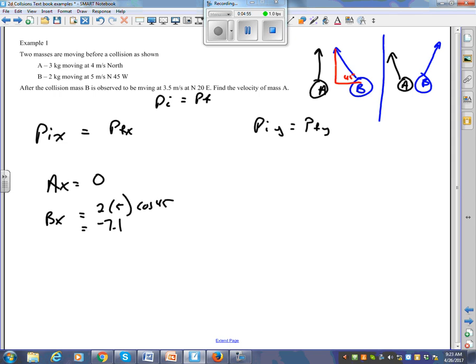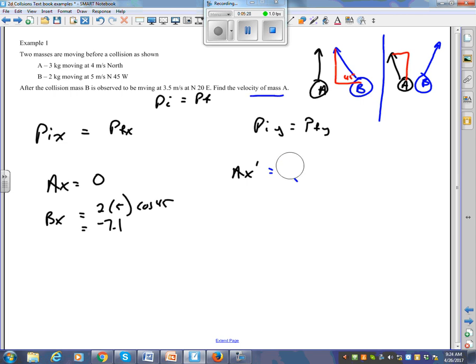So now afterwards, A x prime after collision over here, the x is going to be opposite sign. And the momentum, A is a mass of 3. And after it, oh, hang on. You didn't stop me. We're trying to find the velocity of mass A, aren't we?